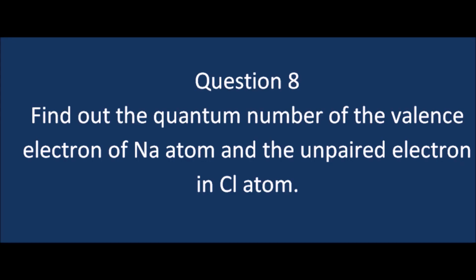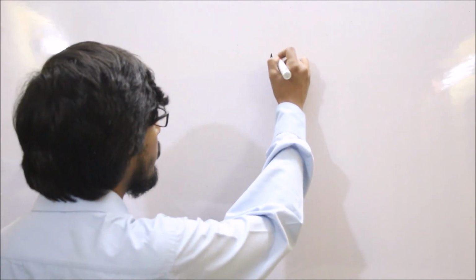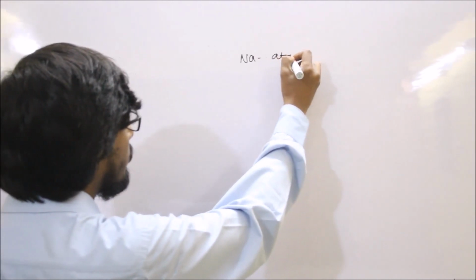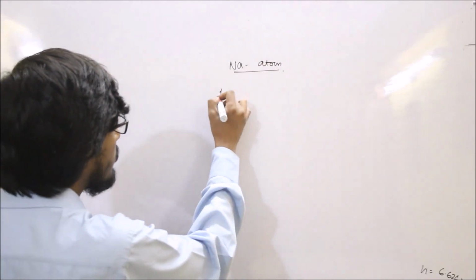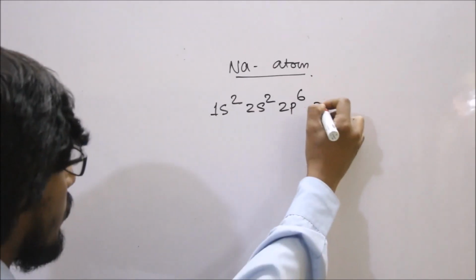Our next topic is quantum numbers. The 8th question of atomic structure is, find out the set of quantum numbers of the valence electron of sodium atom and the unpaired electron present in chlorine atom. Now for sodium atom, the electronic configuration is 1s2, 2s2, 2p6, 3s1.